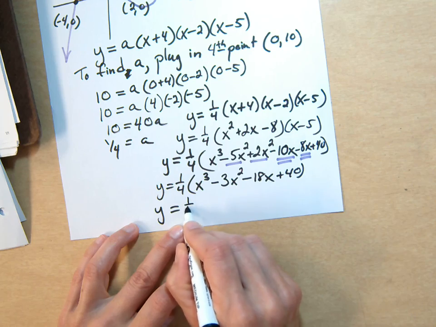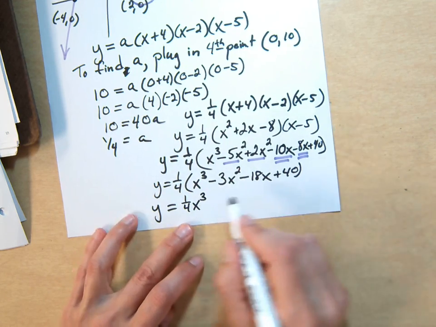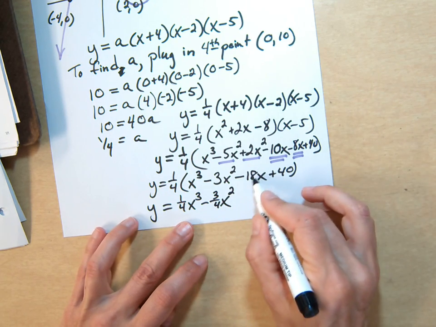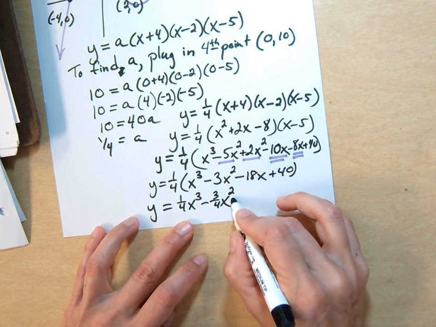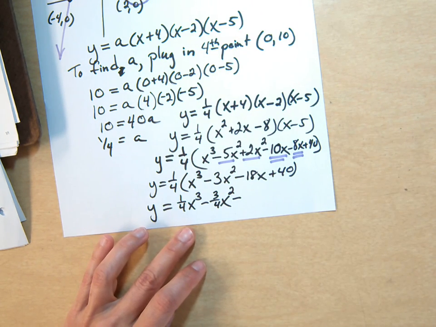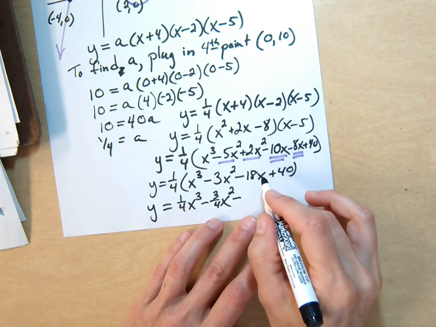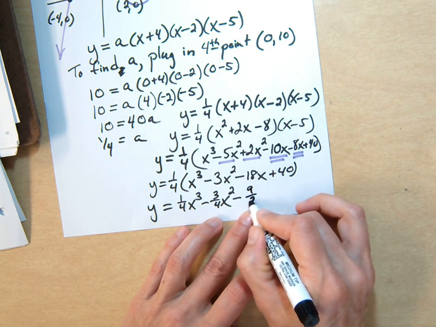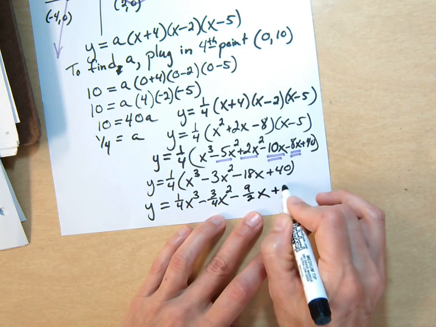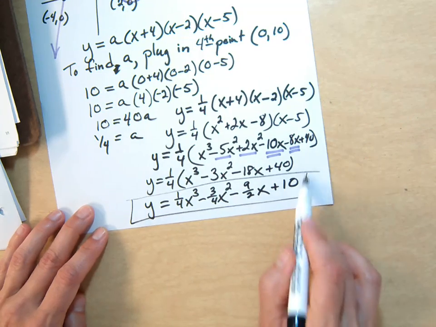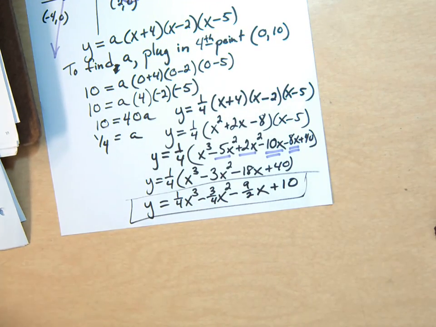So you get 1/4 x cubed minus 3/4 x squared minus 18 over 4. Did I make a mistake anywhere? Does anyone see anything yet? It might be fine. Okay. Minus 9 halves x. And then plus 10. There might be an arithmetic mistake somewhere, but the concept is the same. The procedures are the same.